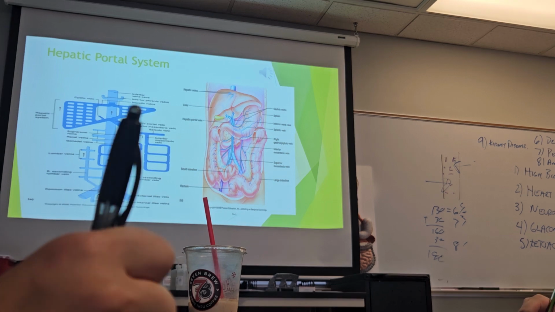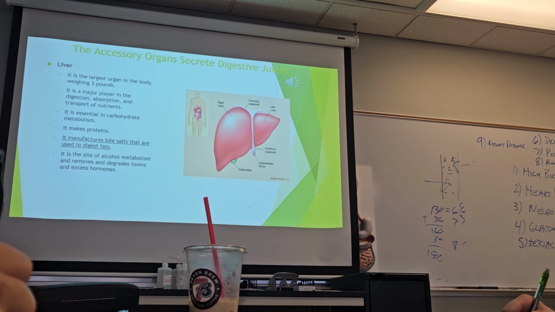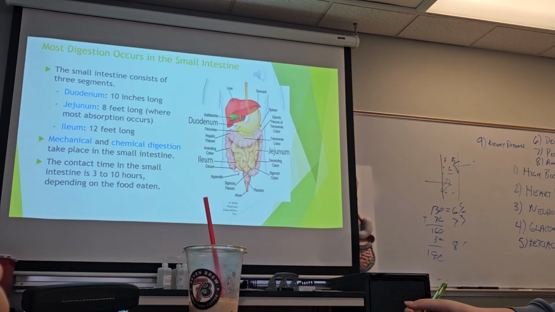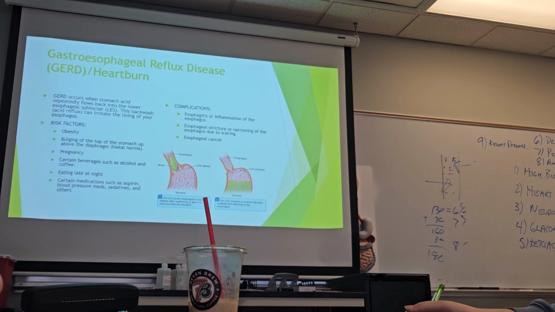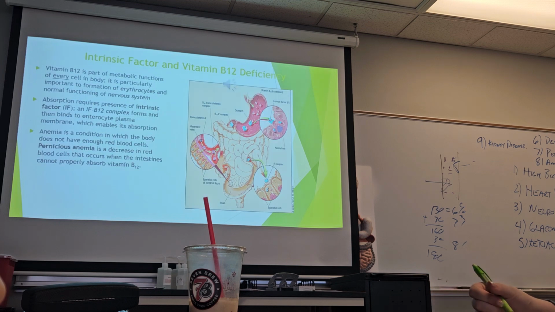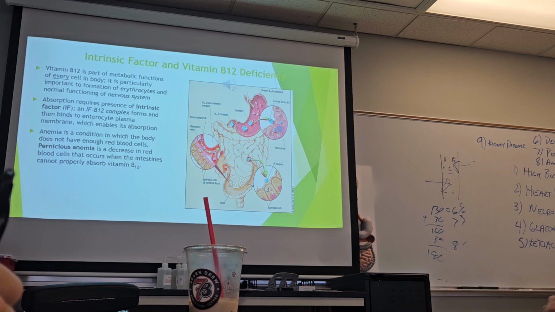Again, intrinsic factor. Here's intrinsic factor, somewhere close. There's intrinsic factor, that little blue thing up there. It is what binds B12, and it is only found in the stomach.